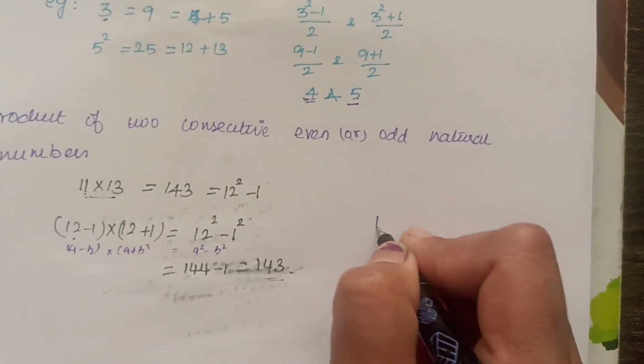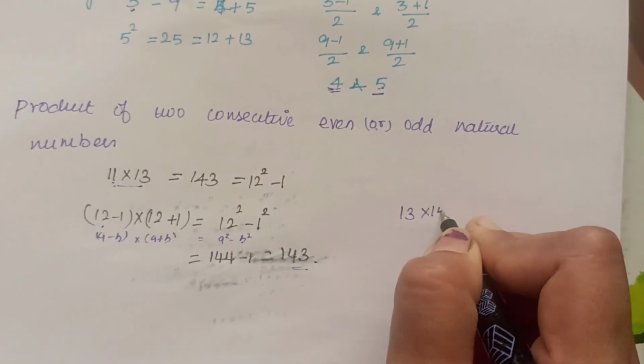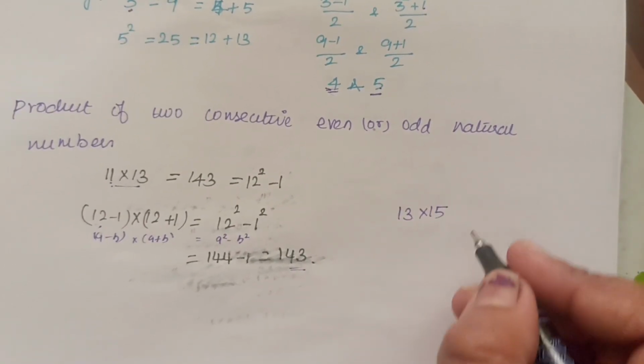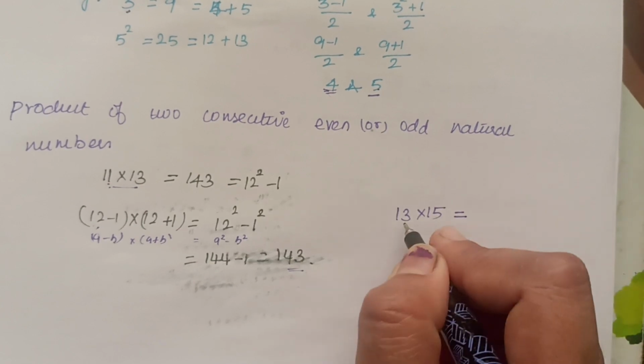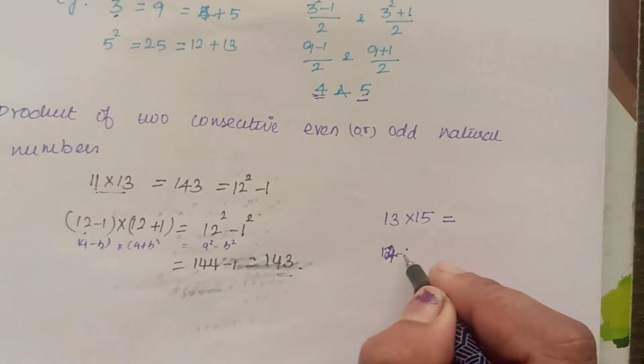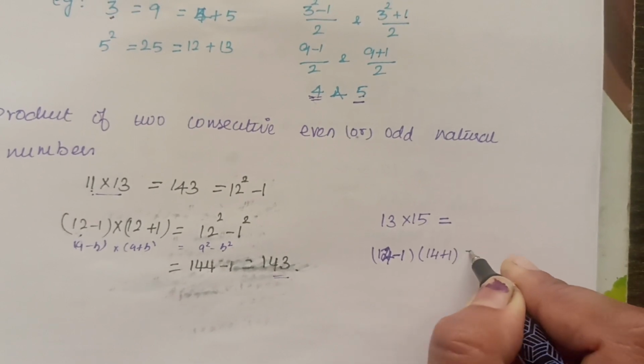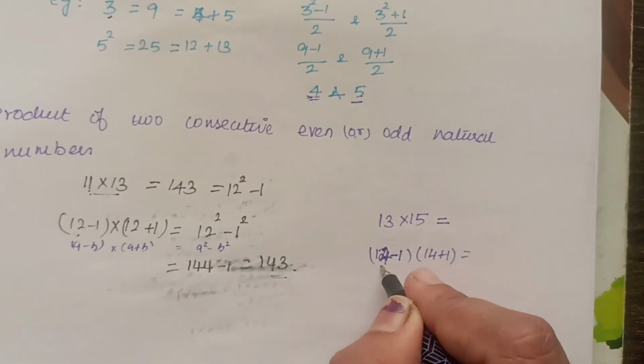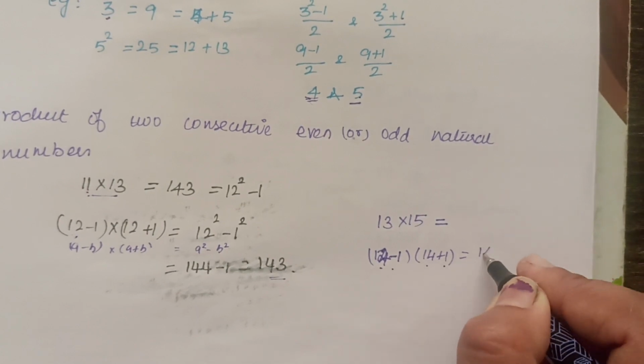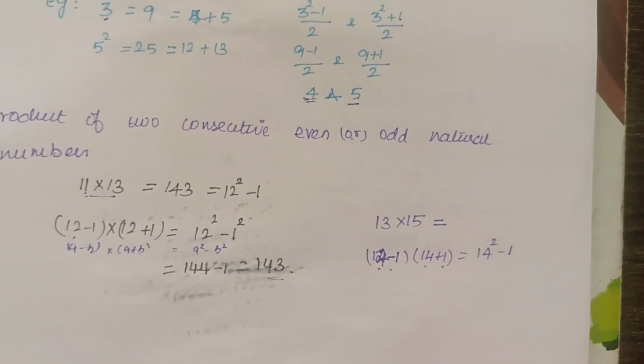Suppose we have 13 and 15. These are two consecutive odd numbers. 13 we can write as 14 minus 1, and 15 as 14 plus 1. So here it is a minus b into a plus b, where a is 14 and b is 1.